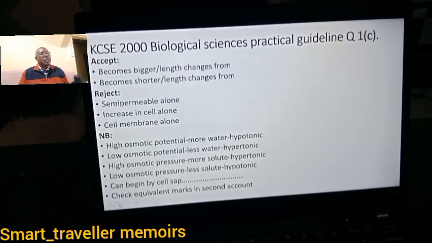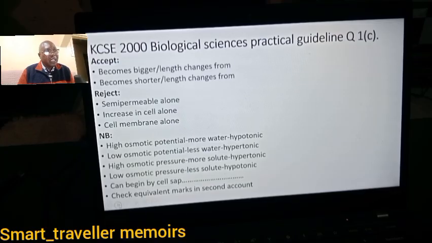Note, in biology, high osmotic potential means there is more water. Hence, the solution is hypotonic. Low osmotic potential means there is less water. Hence, the solution is hypertonic. High osmotic pressure means the solution has more solute, hence it is hypertonic.